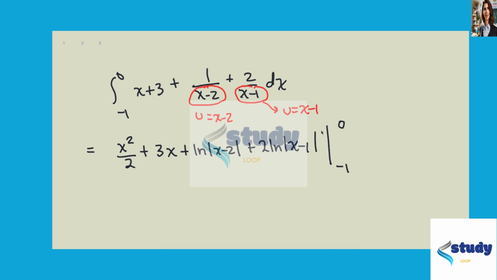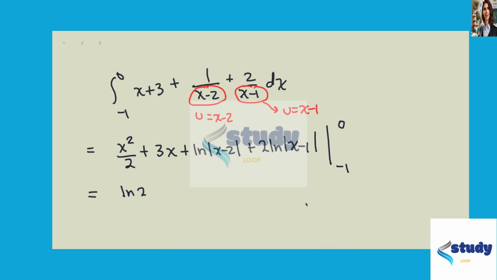Now we just go ahead and plug in the endpoints. If we plug in 0, the first term is 0, the second term is 0, and then we get natural log absolute value of -2, so that's just ln 2. And when we plug in 0 into the last term, we get natural log of 1, which is 0.